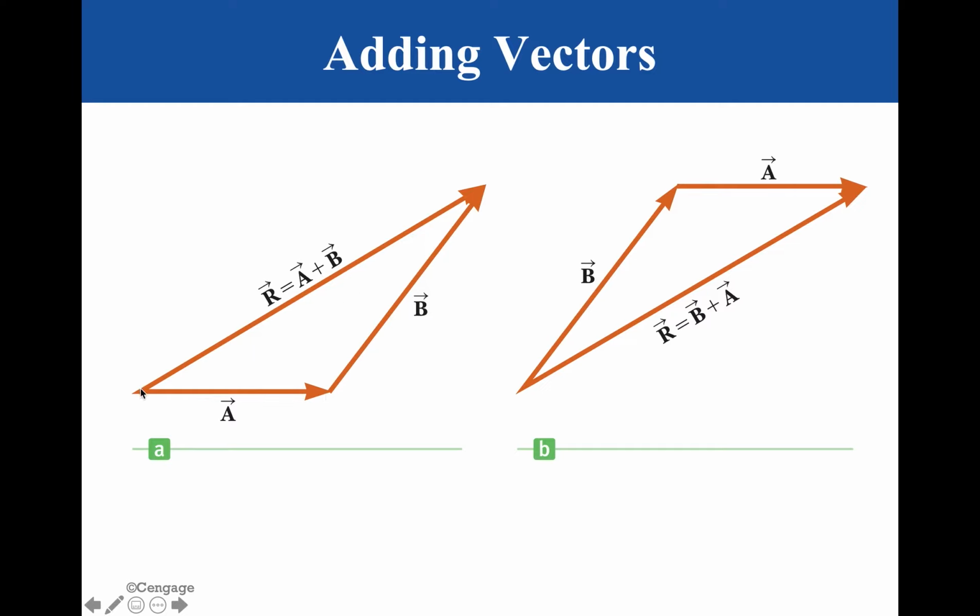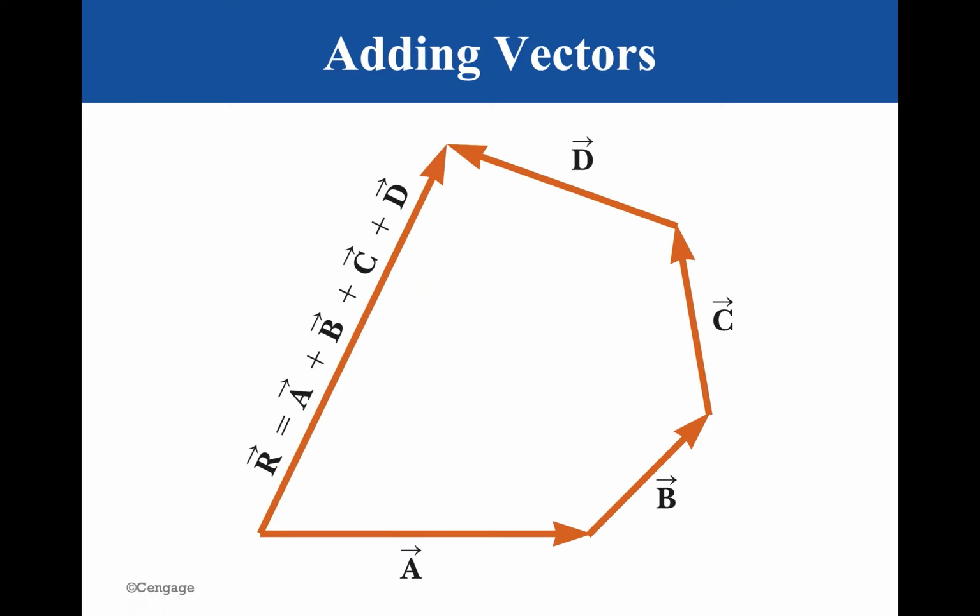And if I draw a final vector that starts at the origin of the first vector and ends up at the termination of the second, this vector r equals a plus b. Now a plus b also equals b plus a. So if I added them in the opposite order, you can see I get the exact same thing.